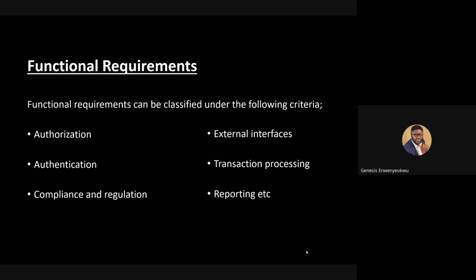Now, what are the different ways we can categorize functional requirements? Functional requirements are purely categorized under 6 areas or 6 categories. Number 1 is authorization. And I mostly say this to help my students understand, so that when you land a job, you don't just get stranded.